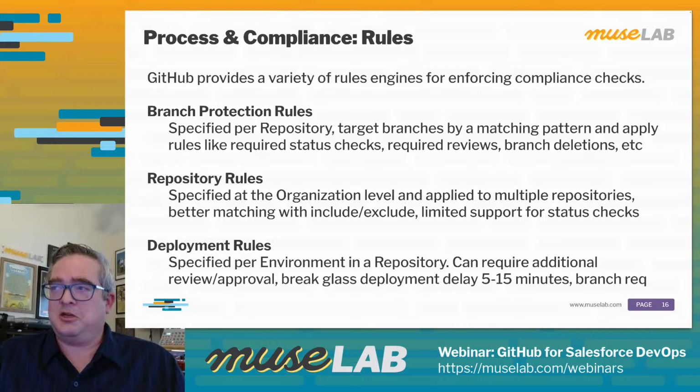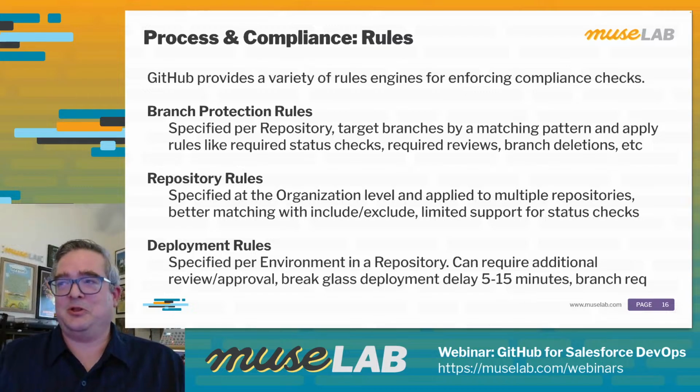You target a branch by a matching pattern. You give it a pattern, it can have a wildcard in it. It's not a full regular expression though, so it's a little bit limited as far as what you can target. And it's only a selection, an inclusion pattern. And then you can apply rules like required status checks, required reviews, you can restrict branch deletions, things like that.